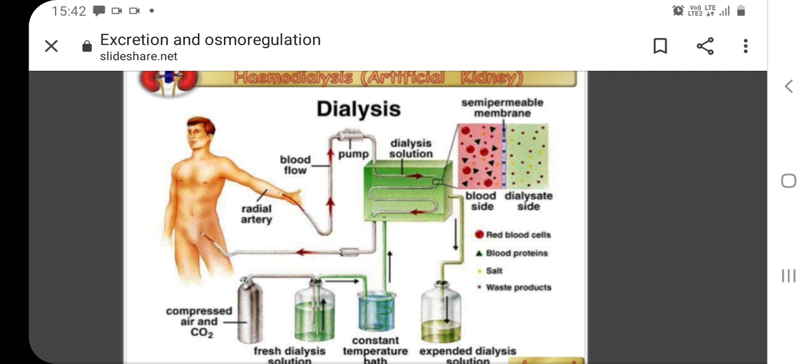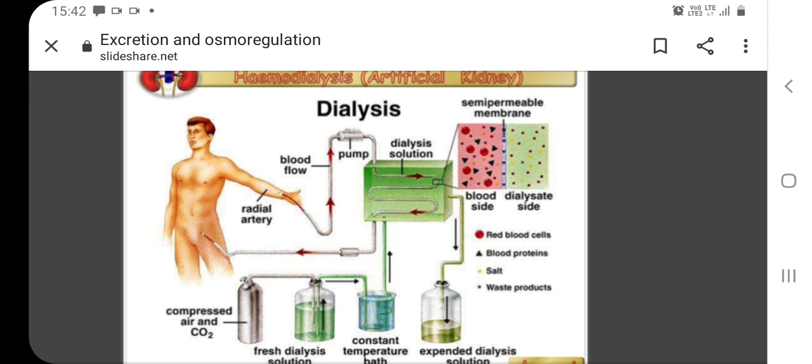This is the whole unit from which the blood is made free from toxins. The red color shows the red blood cells. The triangular green color shows the blood proteins.